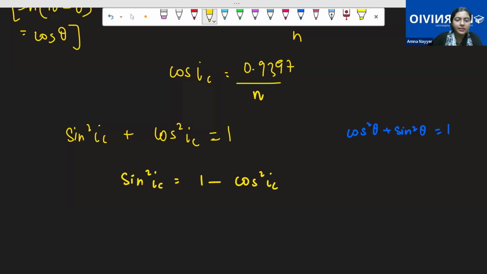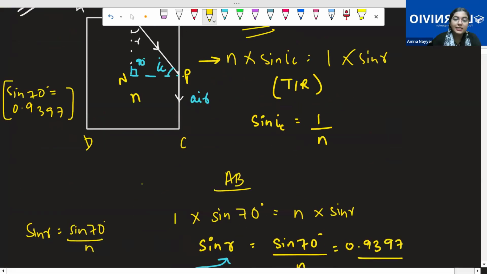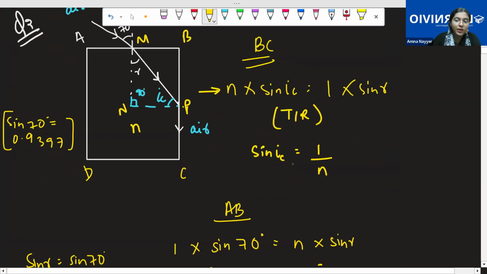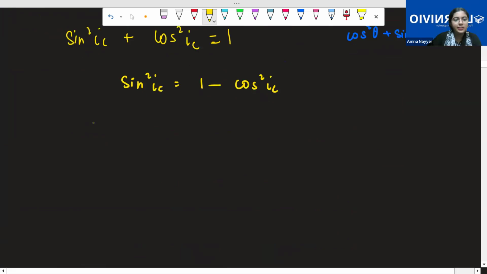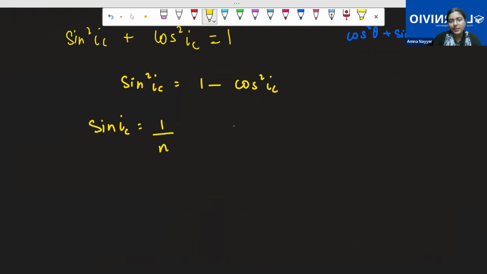Now what is sine IC? Initially we calculated, sine IC is 1 by n. So sine square IC will be 1 by n square. So 1 by n square is equal to 1 minus cos square IC. Right?